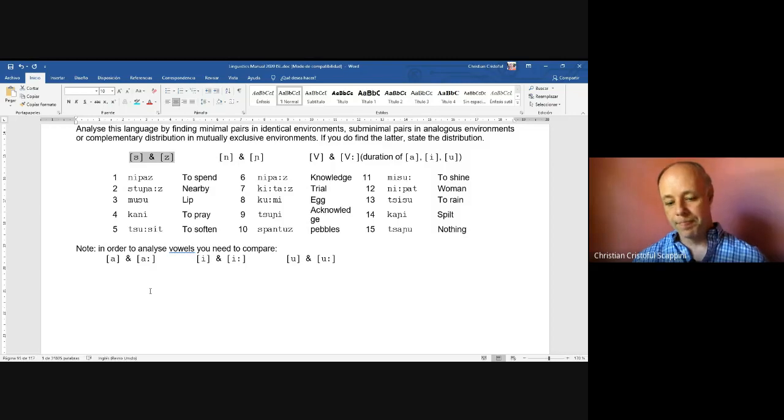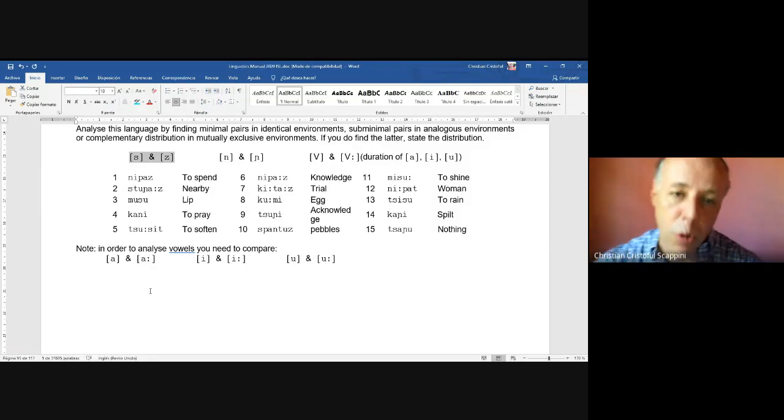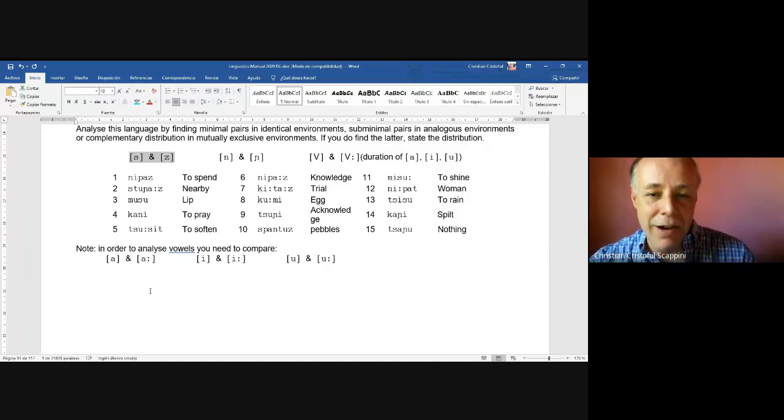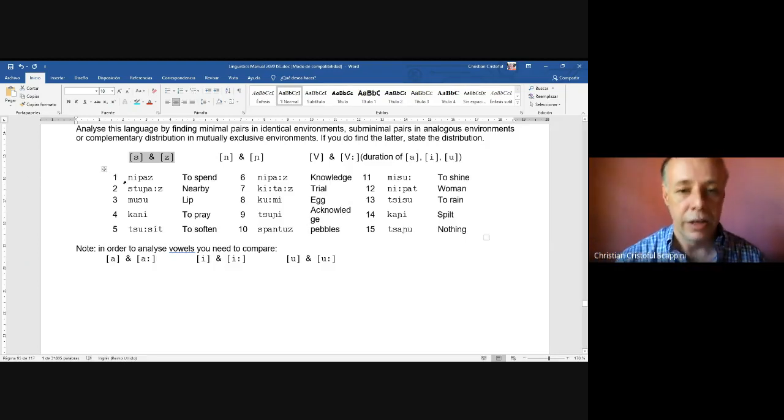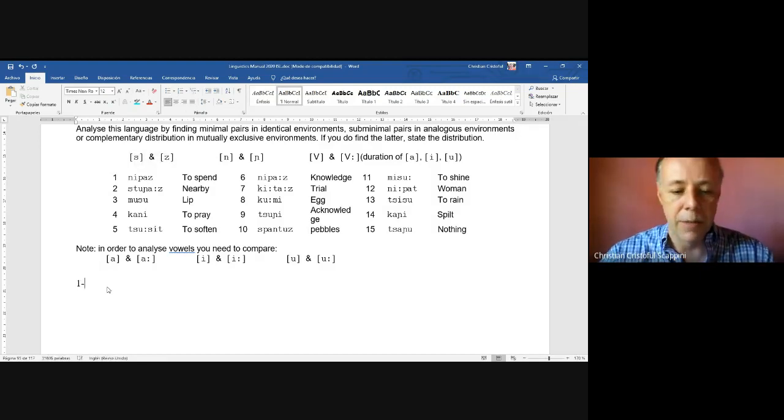Another way of doing the analysis, and this is what normally students do, is the moment they find minimal pairs, they analyze that and they get rid of it as soon as possible. So let's do that. Let me focus on what you said then. Number 1 and number 6 is an example of a minimal pair. Which are the sounds that make the difference in numbers 1 and 6?